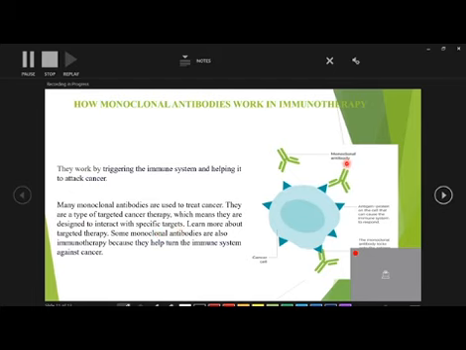These monoclonal antibodies come and bind to the antigen protein on the cell, which can cause the immune system to respond. These monoclonal antibodies lock onto that antigen.